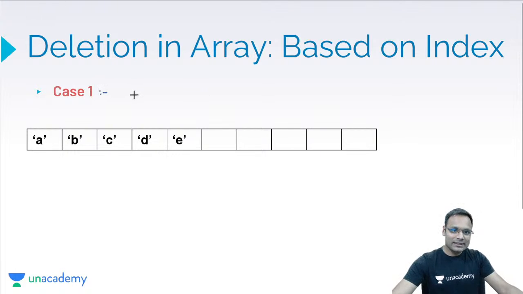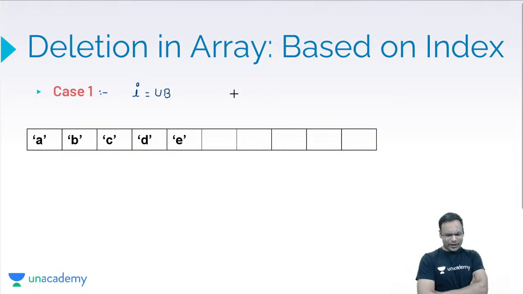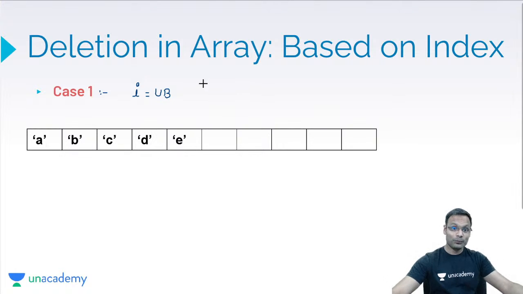चलो, अब case number 1, very easy case. Case number 1 says that I value given is equal to upper bound. What should I do in this case? If I value is upper bound, should I have any kind of trouble? No. I'll have to delete this element. Fine.